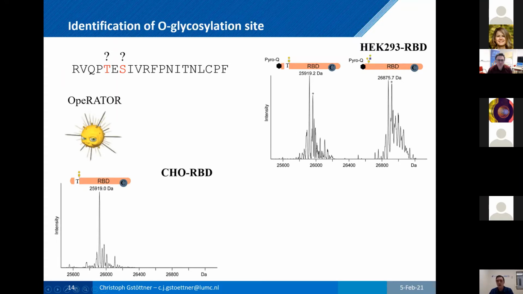And in the HEK cell produced material, we clearly can also see it on the threonine, but we also saw an additional signal. And if we look again at the specifications of this enzyme, like before, this enzyme can only cleave core 1 and core 3 type glycans, but not the core 2 type glycans. So we have an uncleaved RBD with core 2 type glycans on.